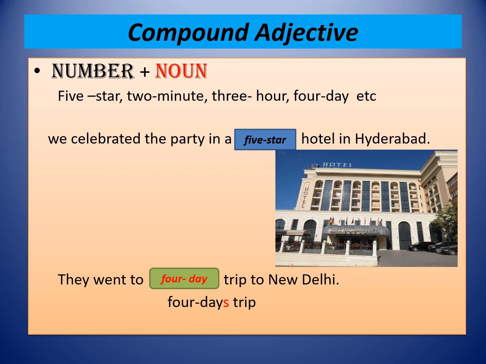So as per the rule, this is wrong. So we should not use a plural noun after the number in a compound adjective. So we have to remember this rule.